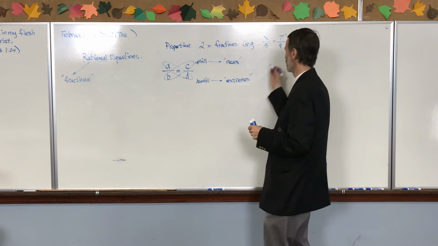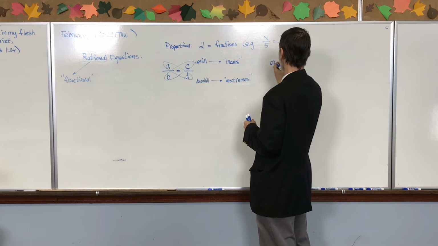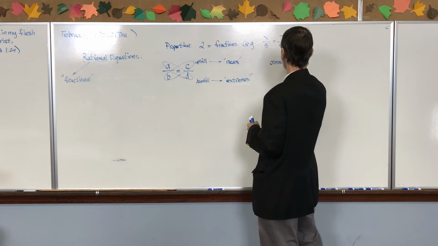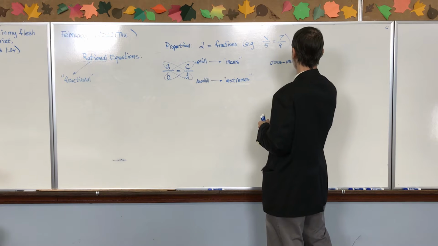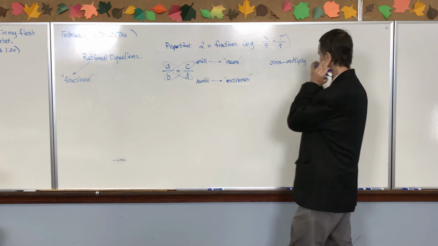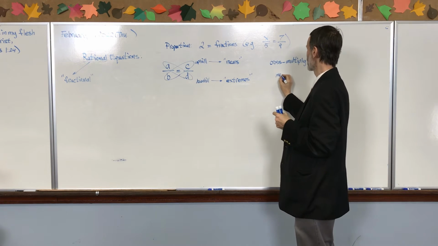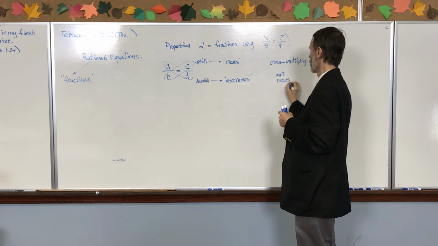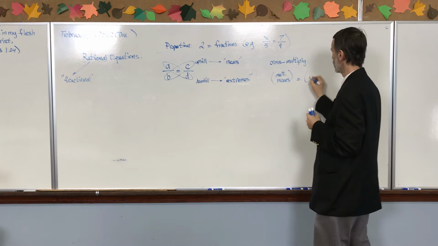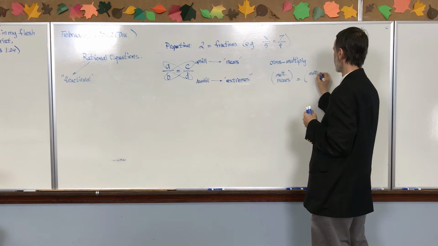How do you do cross multiplication? How do you cross multiply? You multiply the means, and then you set it equal to when you multiply the extremes.